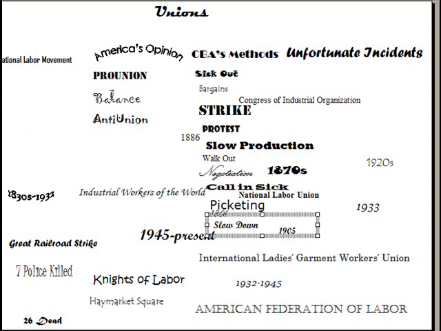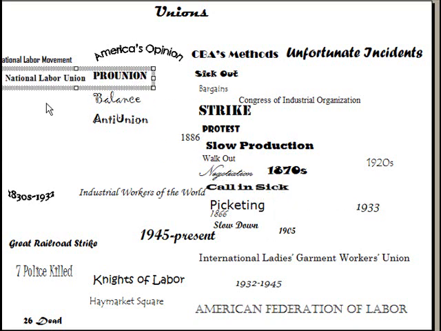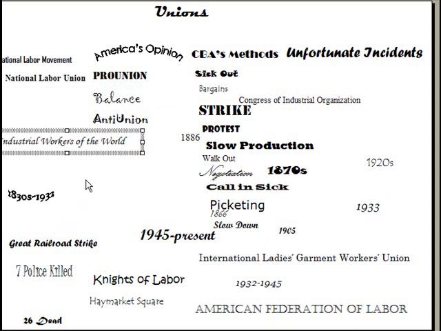Underneath the national labor movement, we can look at one of the first as the National Labor Union. Another early union would be the International Workers of the World.